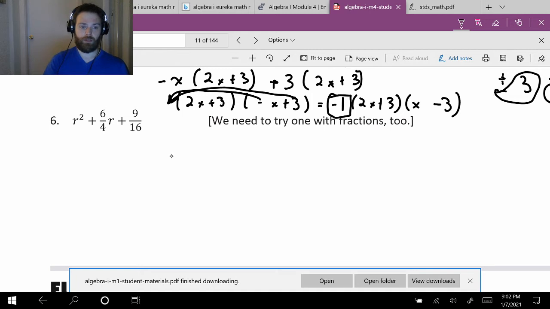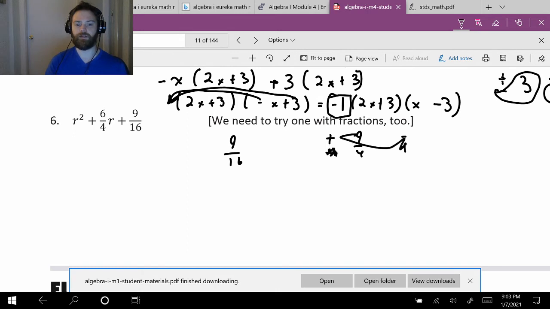Well, I can take a look at this, right? 9 over 16. What are some numbers that multiply to be 9 over 16? Well, plus 9 over 4, no, it's just plus.